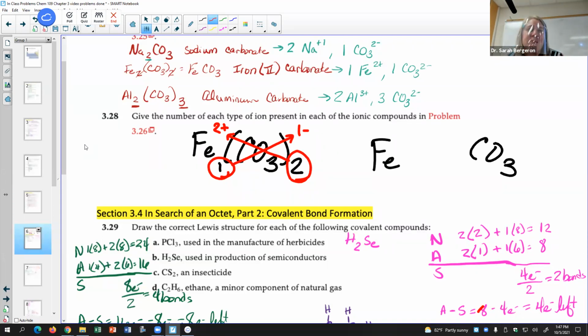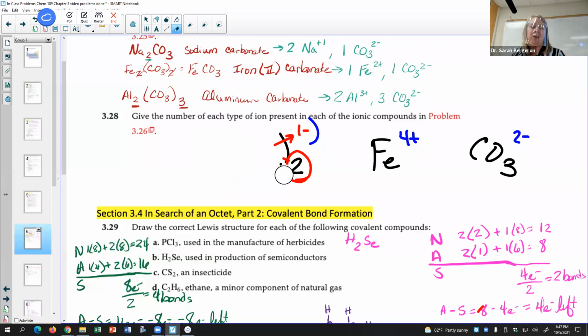No. Why not? You went to your best friend and you got CO3 is carbonate. What's the charge on carbonate? 2-. So what am I going to do? Multiply both of these by 2. 2 times 2 is 4, a +4. 2 times -1 is 2-. Good? Okay. So just be careful of that with your transition metals and things like that. Okay. Moving on. Any questions on that?